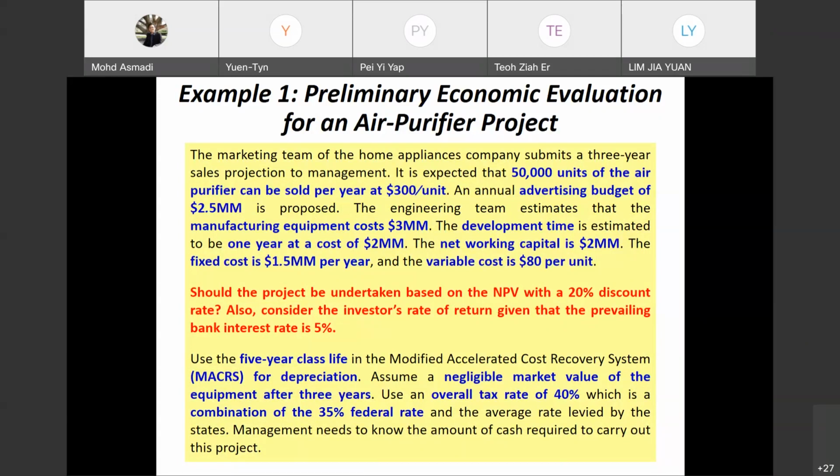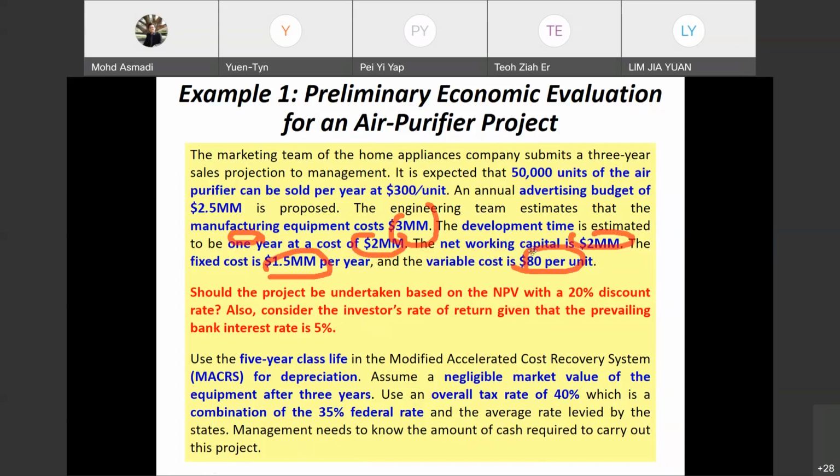Manufacturing equipment cost is 3 million here. What else? Development time is 1 year, and then development cost is 2 million. All right. NWC, net working capital, is 2 million, and then fixed cost 1.5 million. Variable cost $80 per unit.